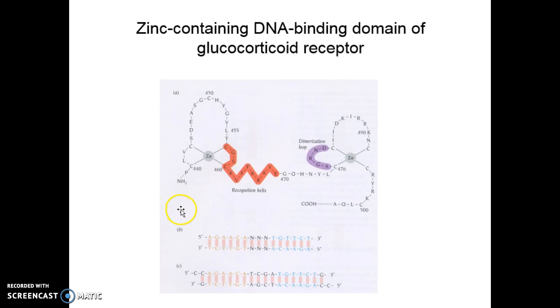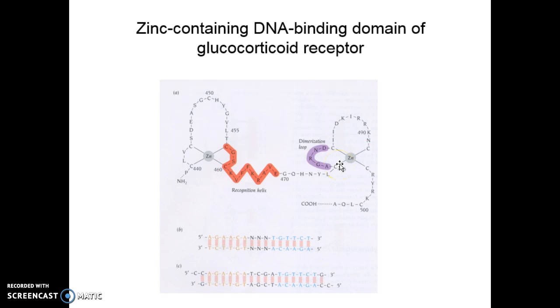This is the amino acid sequence of the zinc-containing DNA binding domain of the glucocorticoid receptor. There are 2 zinc atoms within this domain, each bound to 4 cysteine residues.